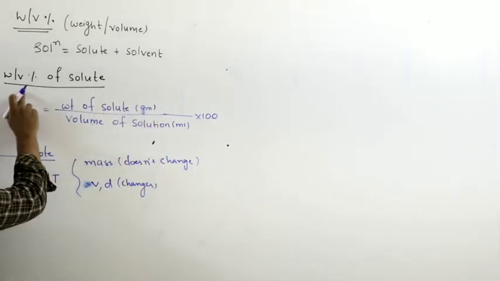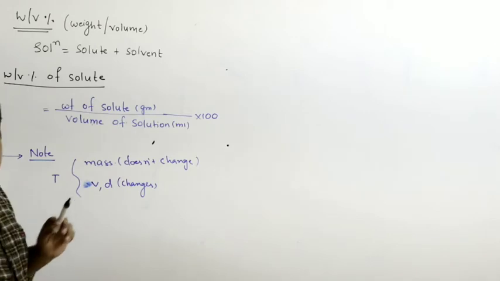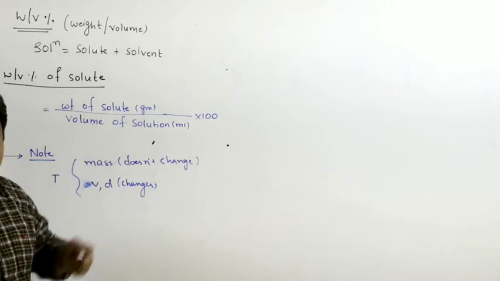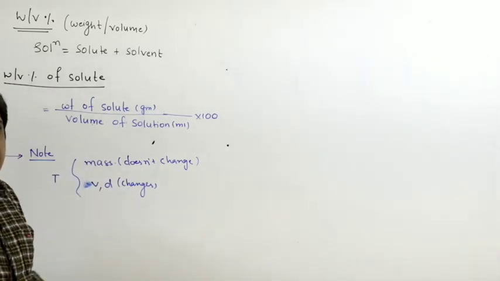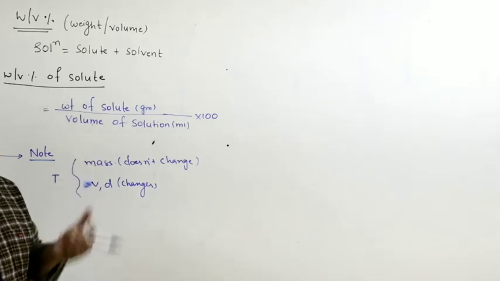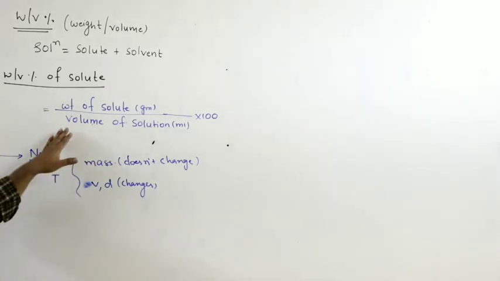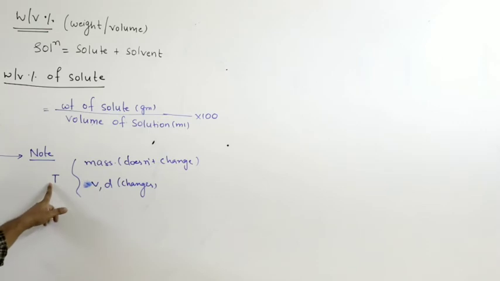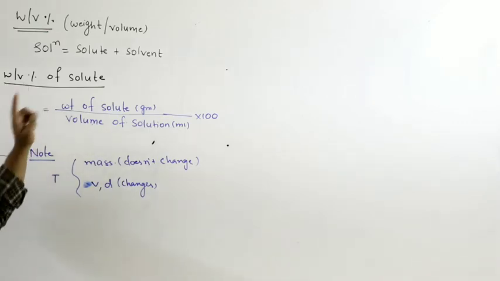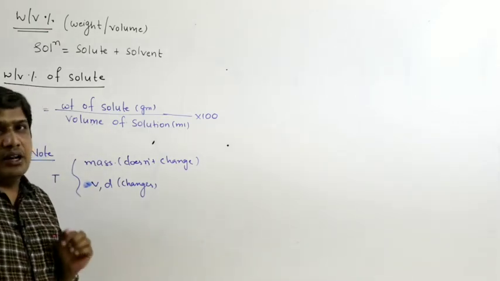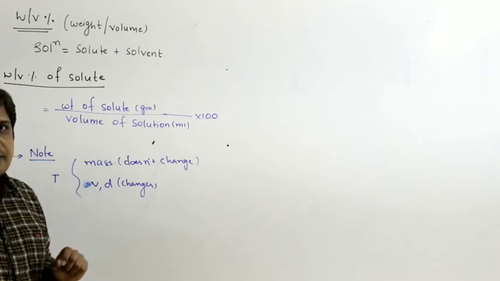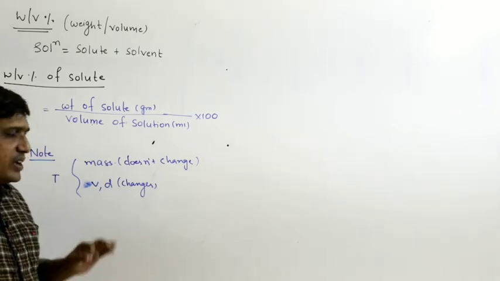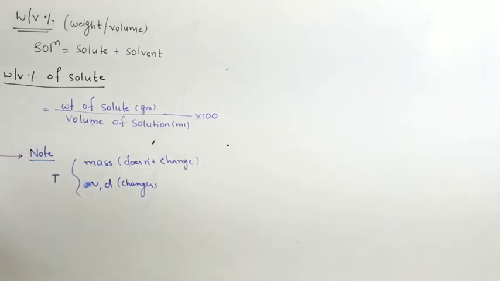Because of that, weight by volume percentage concentration will change, because when you increase temperature, the liquid will boil. Because of this, temperature will affect the weight by volume percentage numerical value. It will not affect weight by weight percentage, but it affects weight by volume percentage. So this is the first note.